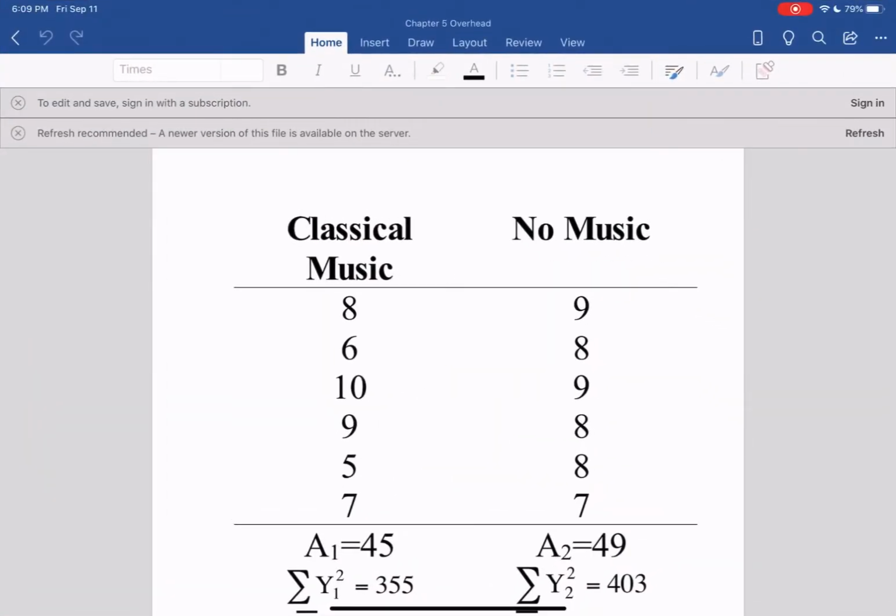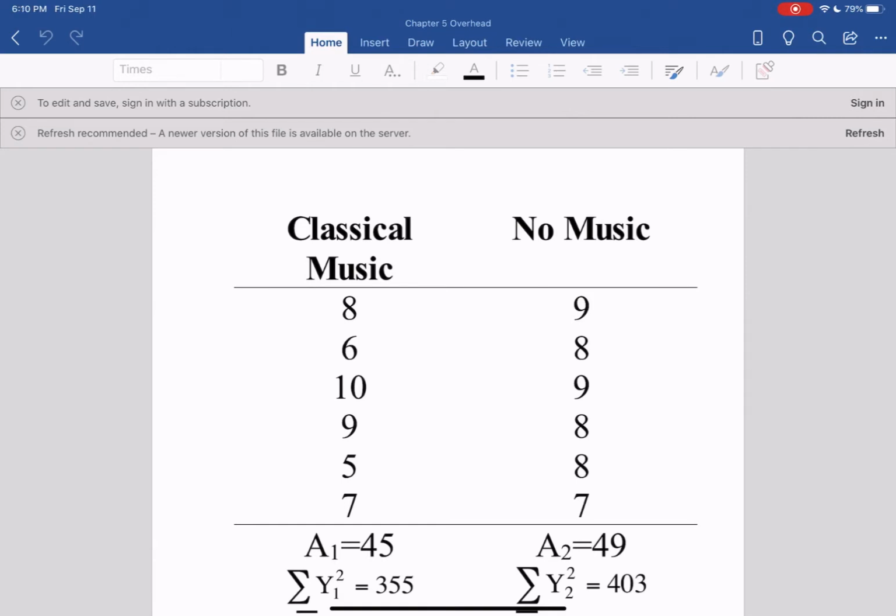In this example, we have one group that's listening to classical music while they're studying, and another group that is not listening to music while they're studying. After studying, they take a quiz, and their quiz score is recorded. We have 6 people in each group.